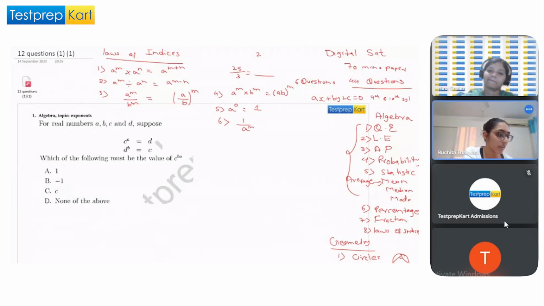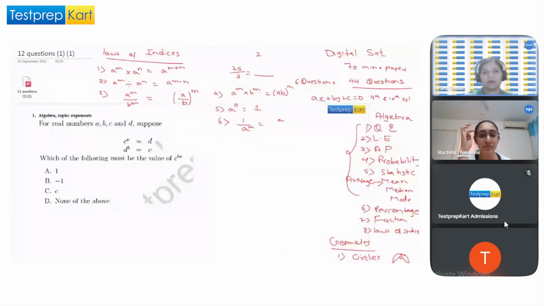When it is in the denominator and you take it up, the power changes, so a raised to minus m will come, not 1 upon m.